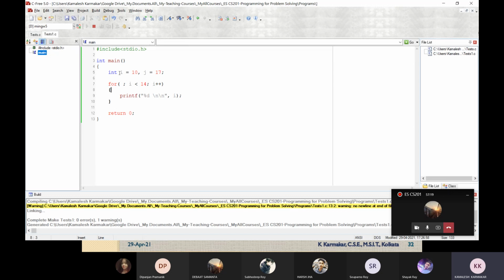So it will enter with this value 10. In the next iteration, i is incremented by 1: 11, 12, 13. When it becomes 14, the condition is false. If the condition is false, it will not enter this block. So the loop will break and the main function will be terminated.